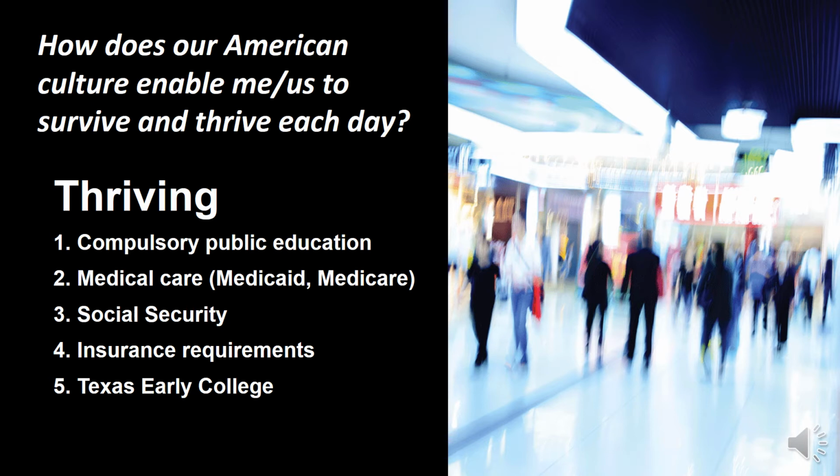We have medical care. We have medical care for people who can't afford basic medical care. We're still fighting about Obamacare, what we call Obamacare. But way before that, we had Medicaid for people who couldn't afford basic medical care, for the people in the lowest of social classes.